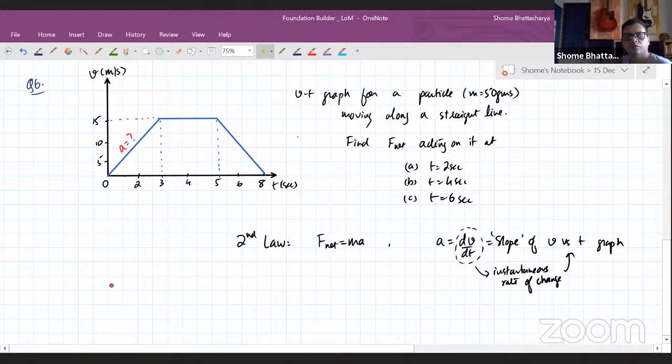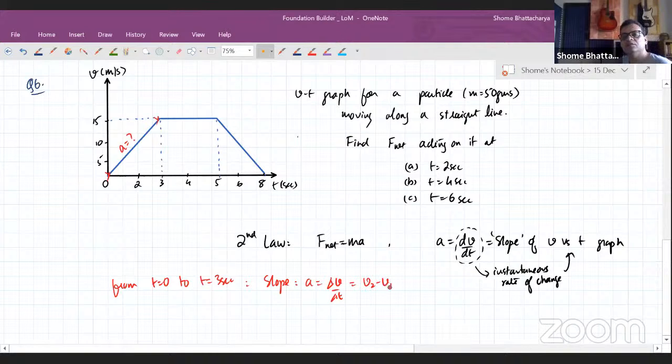So from t equal to 0 to t equal to 3 seconds, that is from this point to this point, you can see the slope is change in velocity upon change in time. So that is like v2 minus v1 upon t2 minus t1.